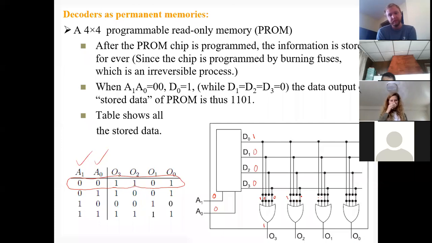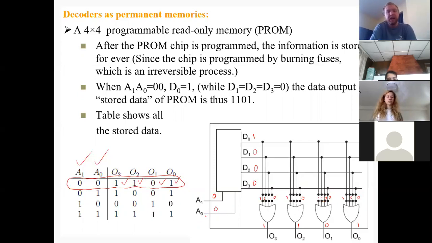What is this guy? 0. 1 and 0, OR gate, you get 1. So what is this guy? 0, 0. This guy is 0. OR gate, 0. So this guy is 1, this is 0, this is 0. Did you get this one? 1, 1, 0, 1.